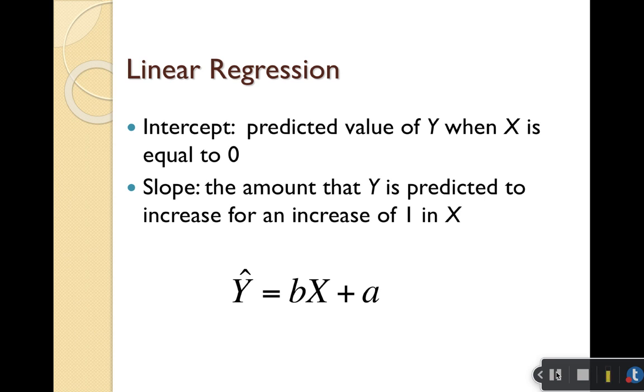And in this case, the letter b represents our slope, and our slope is the amount that y is predicted to increase for every unit increase of 1 in x. So in this case, x is whatever our variable is. Let's stick with this example and say it's absences. B is the slope, A is the intercept, and y hat is the predicted exam score we would expect.